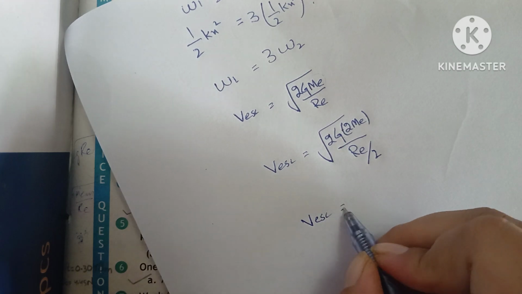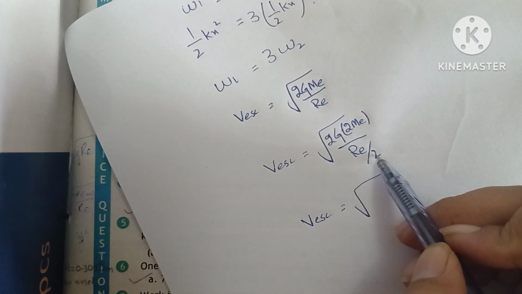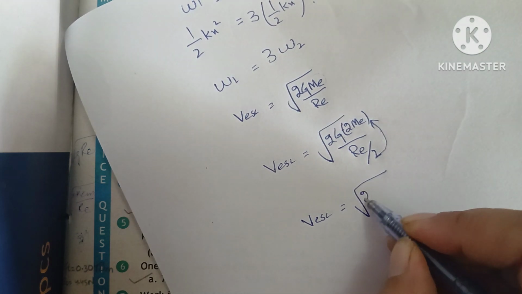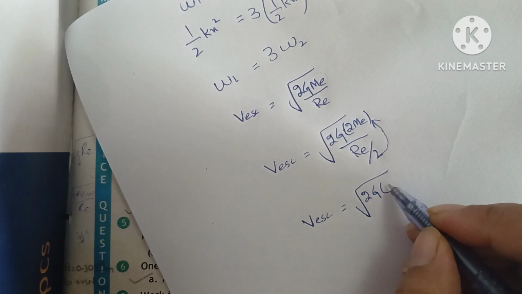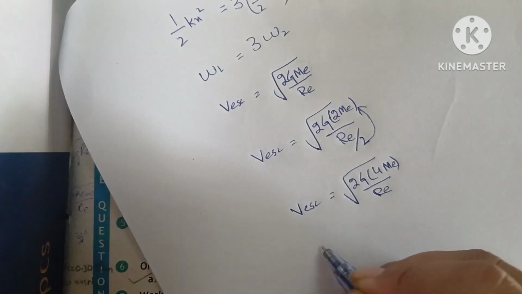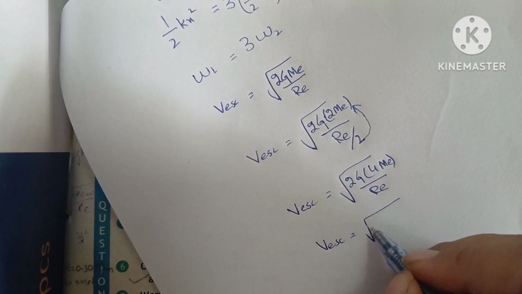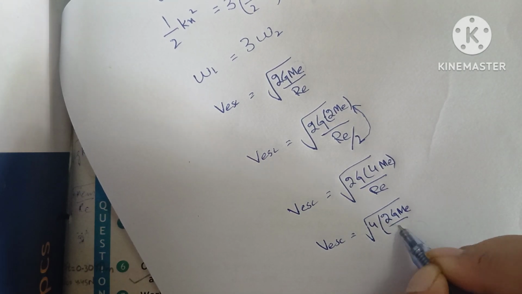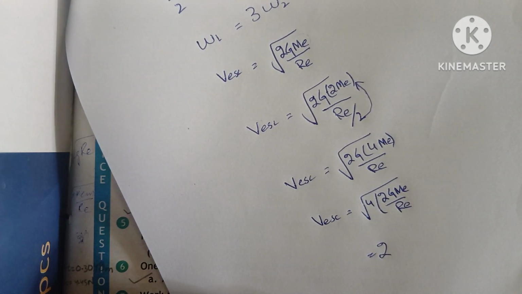V escape will be equal to under the root 2G into 2Me divided by Re by 2, which becomes 4Me divided by Re. Or we can write V escape as under the root of 4 into 2GMe divided by Re. So under root 4 is equal to 2.